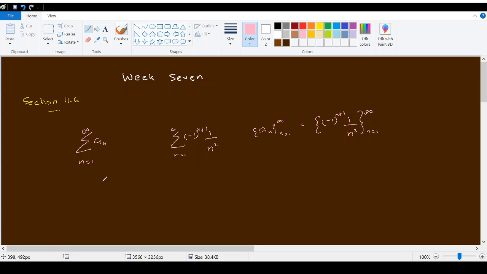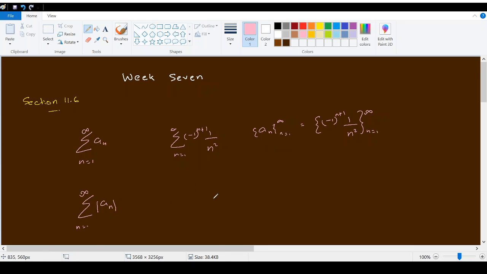When you have this sort of series, we can see that there is another series that can be extracted out of the original one. How can we do that? We can just get the absolute value of each and every term in the sequence an.